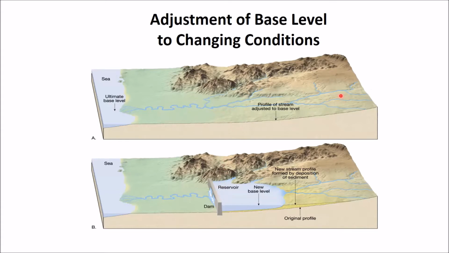This is the profile without the dam. And here, when we build the dam, the new base level will be here. Then, when the limit of erosion is reached, the deposition occurs.